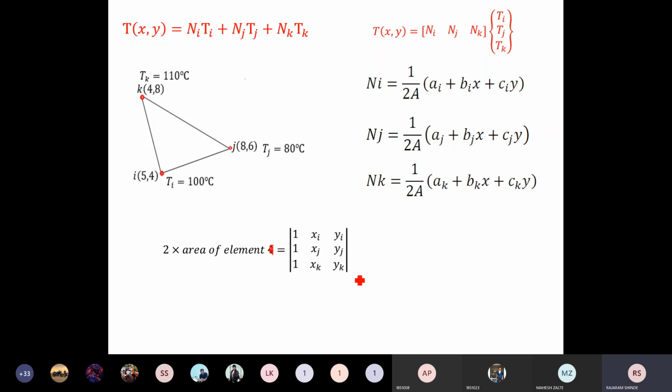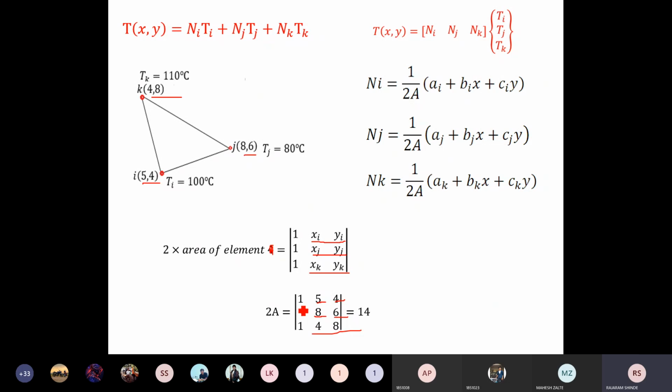After that I will put the values. 2A: xi is 5, yi is 4; xj yj is 8, 6; next xk yk is 4, 8.